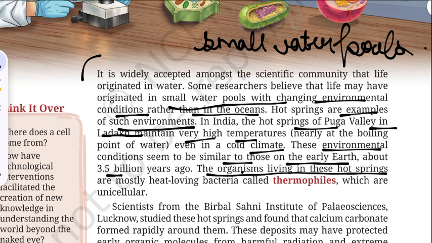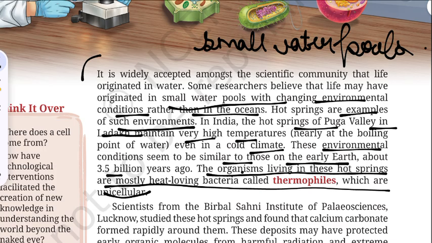As I told you at the start, in the scientific community they believe that life originated in water, specifically in hot springs. Why? Because their climatic conditions change faster than in the ocean.